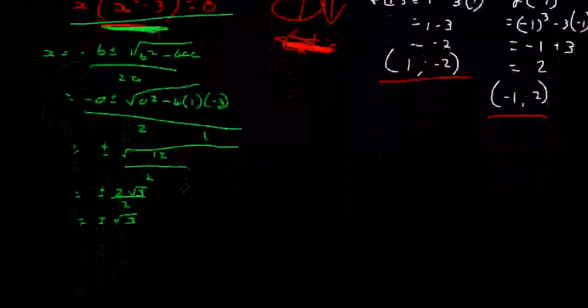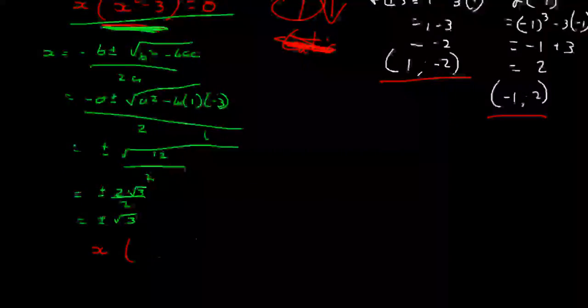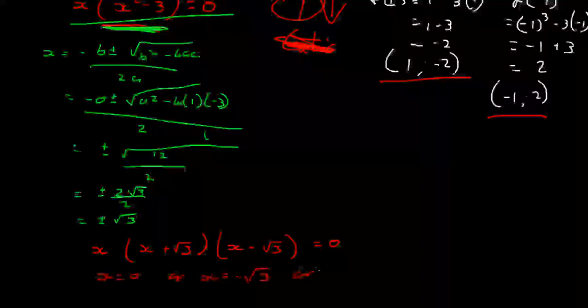So let's go back to it. We've now got x into, and we factorized that second bracket into (x plus root 3)(x minus root 3) equals 0. So x equals 0 or x equals minus root 3 or x equals root 3.